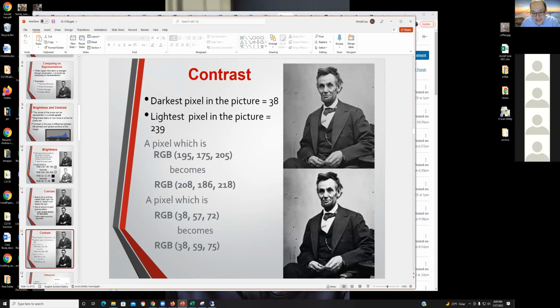So actually this kind of does it a little bit here, right? It's showing here the numbers 195, 175, 205. That's a more intense or brighter picture, right? So here they added like 13, it looks like, from the 195 to the 208.